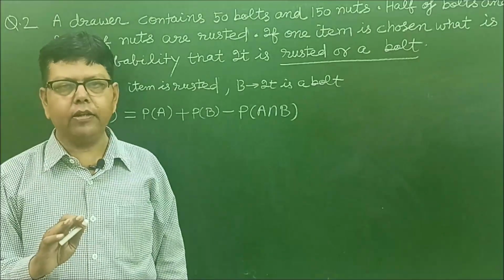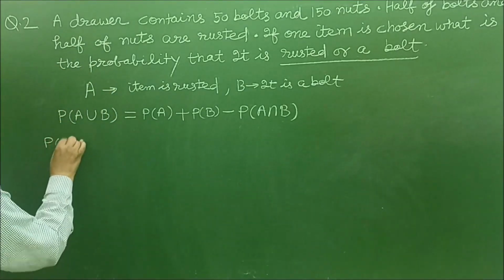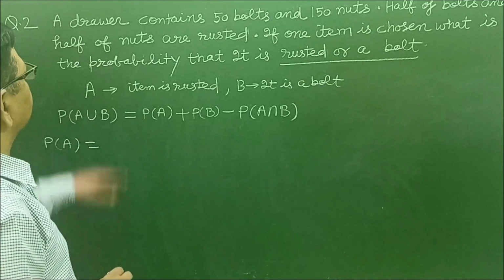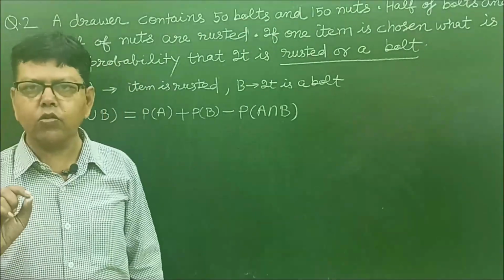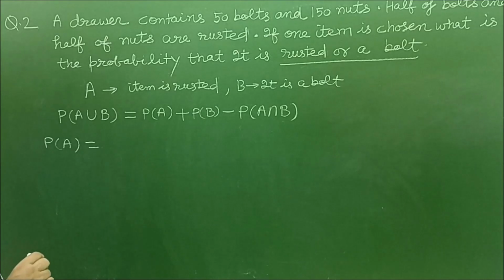Now let us find the various probabilities. First, the probability of A, that is the item is rusted. How many items are rusted? In all there are 50 bolts and 150 nuts, that is 200 items.